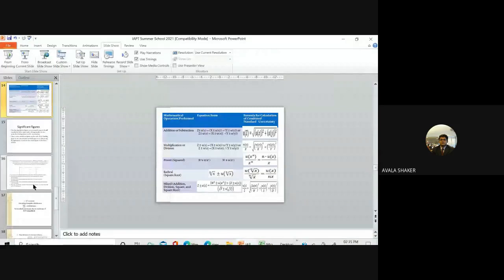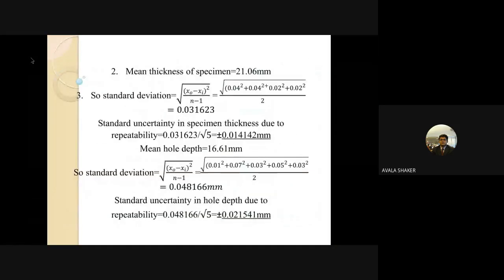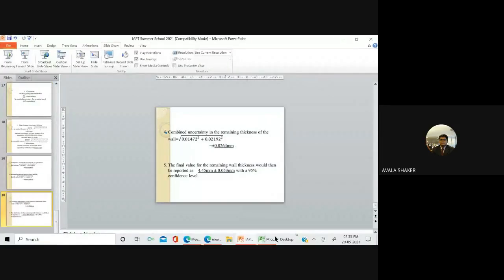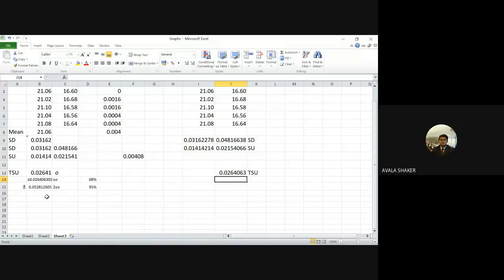So we have done this using this thing, and here also you're getting the same thing. Now, what was the expanded uncertainty, as we were asking, right? Okay.